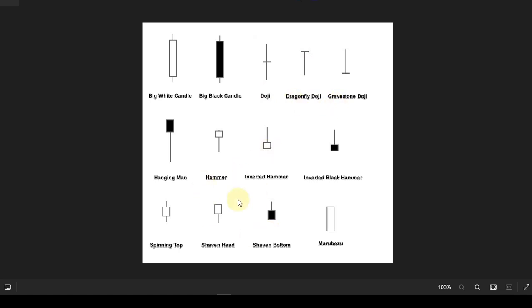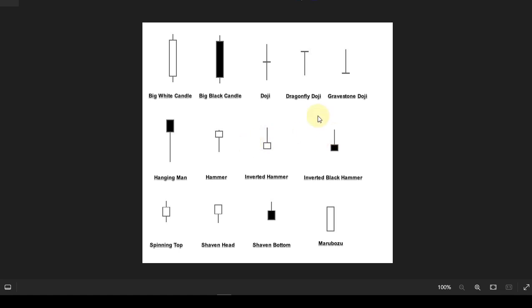I don't have time to be cramming names. I will just see and understand the psychology, what the buyers and sellers are doing, and where the position of the candle is, at resistance, at support, or wherever. Then with the information I gather together, it helps me take a decision on what to do next.